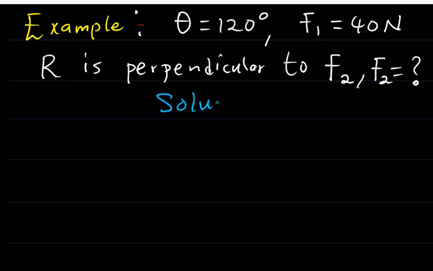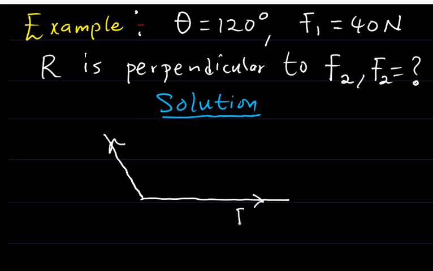So this question, to solve it, we have to draw the diagram. The angle between the two forces is, according to the question, 120. So we have to represent that in a diagram. So this is F1 and this is F2. Applying the parallelogram law of vectors, I'm going to have to complete the parallelogram.